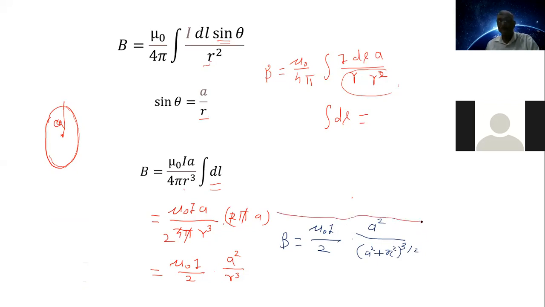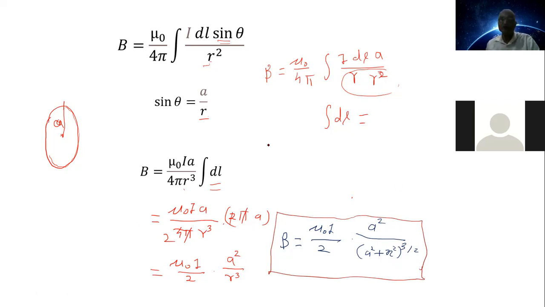Now this is the result, magnetic induction on the axis of the circular coil: B is equal to mu 0 I upon 2 into a square upon a square plus x square bracket raised to 3 by 2.